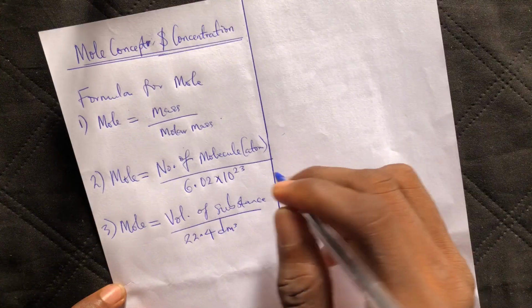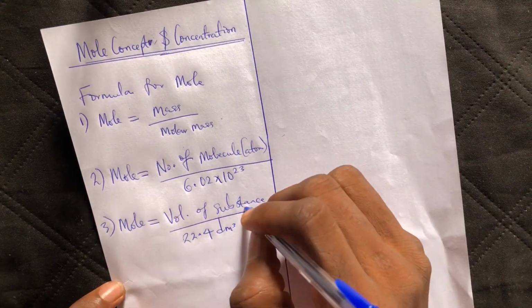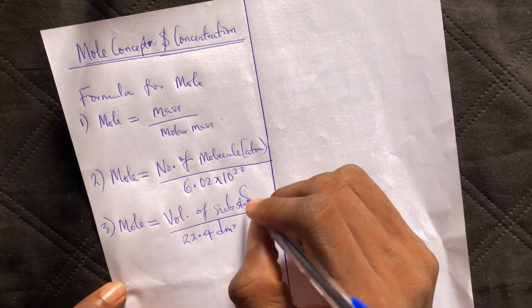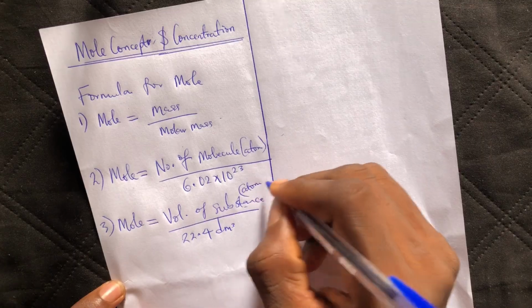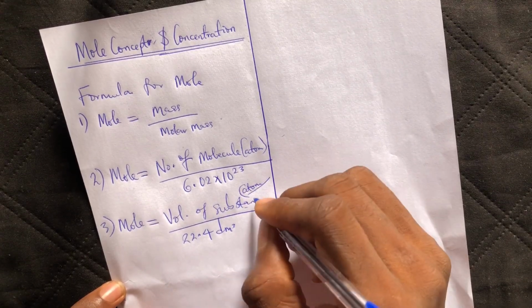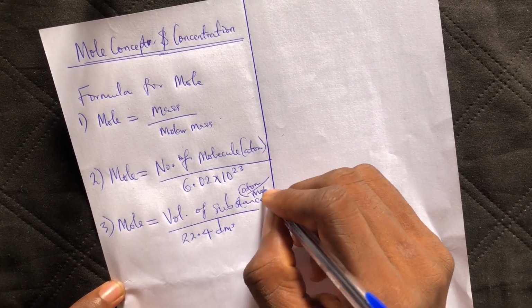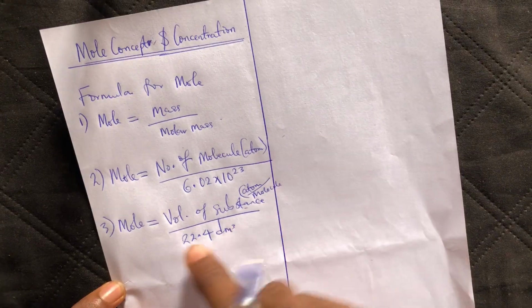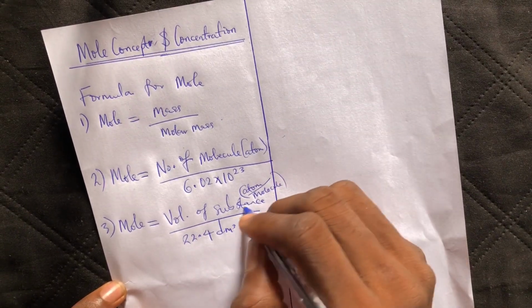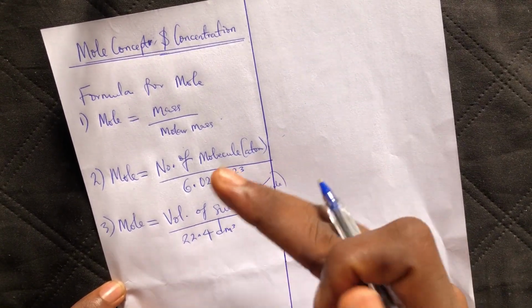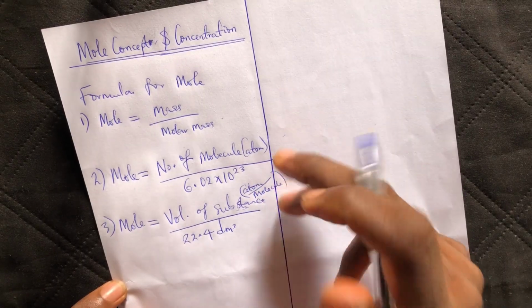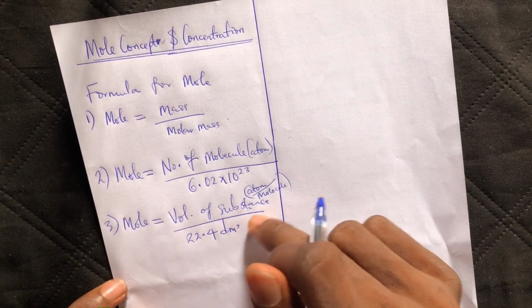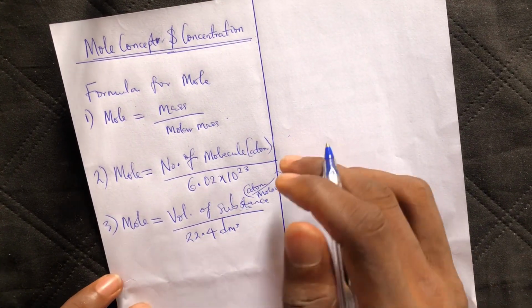Now I want you to note this: this substance can either be atom, or it can be molecules. This is just the general name given, it is either going to be atom or molecule. So mole is equal to volume of substance over 22.4 dm cube.